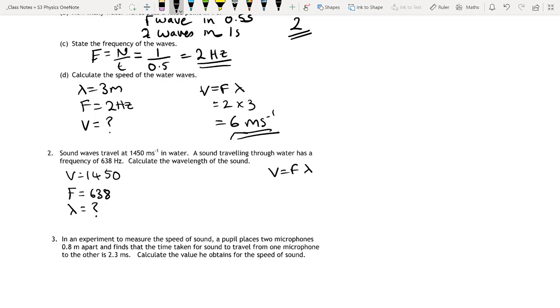So you just want to put the numbers in and then rearrange it. Remember, exam technique, best way to do that is put numbers into the equation, then do your rearranging.